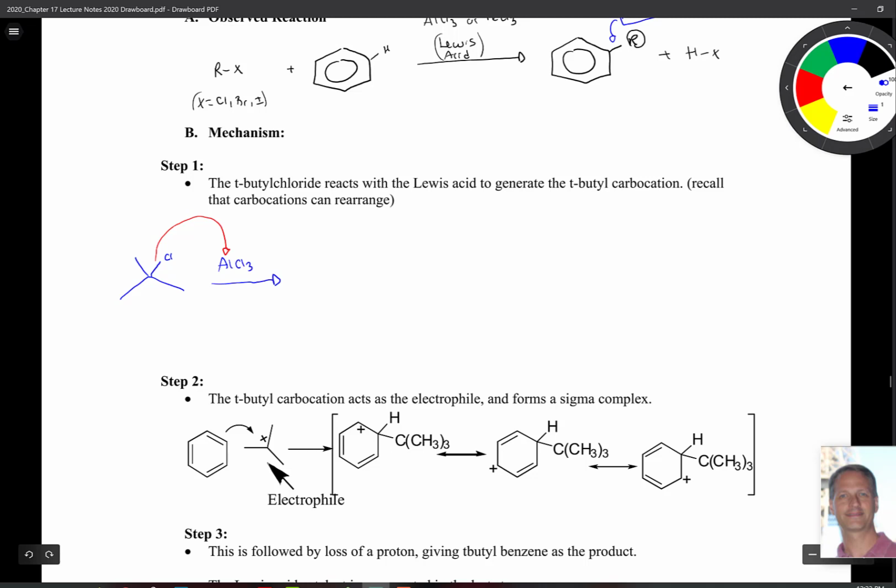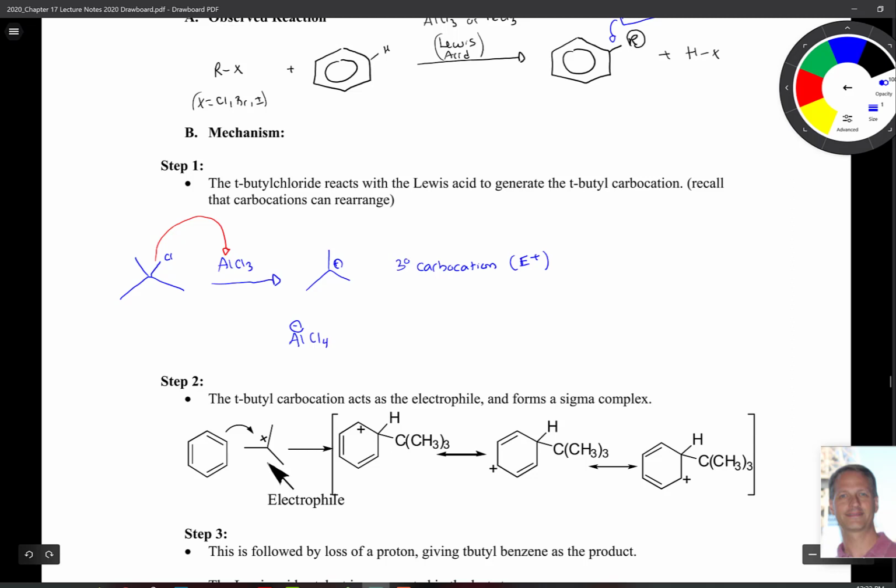So what that's going to give us is AlCl4 minus, plus this, right? And so here we have a tertiary carbocation, right? And remember, that simply is going to be your E plus here.